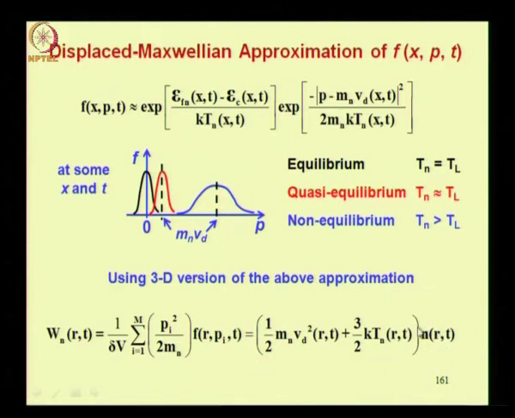Now this multiplication by n, carrier concentration, is coming because this is not kinetic energy but kinetic energy density.